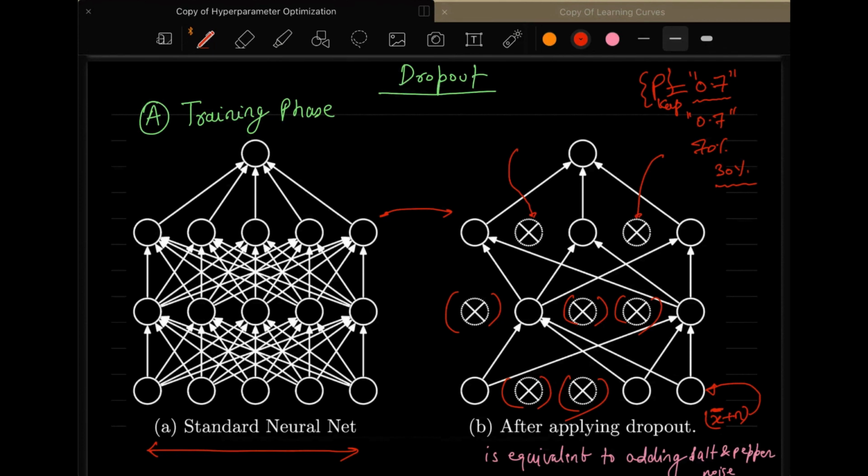When you see this situation where you are throwing out neurons, something magical happens. What is that? In the earlier situation, this neuron was getting inputs from all of these, a very complex function.